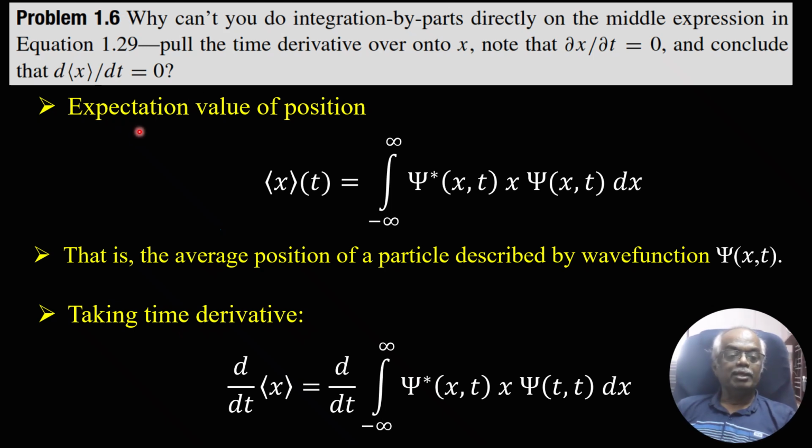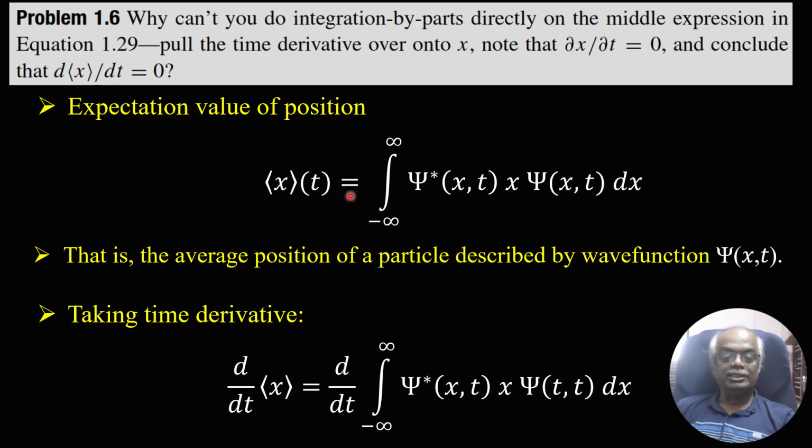So first you take the definition of the expectation value of position, that is, the expectation value of x. I have taken t outside because the expectation value is not explicitly time dependent.